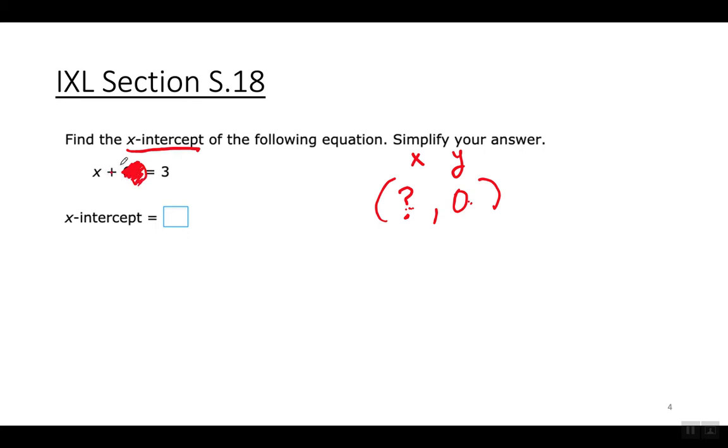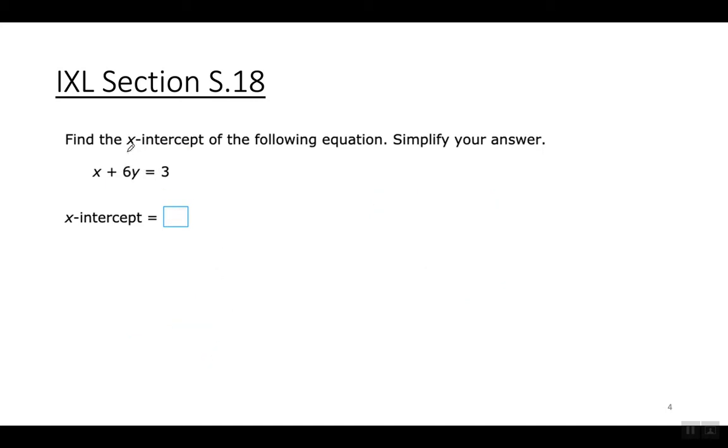Hey, what do you know? x equals 3, because in this equation, when y equals 0, x equals 3. If I were to plot that line on a graph, I promise you the x-intercept would be at (3, 0). Trust me on that.